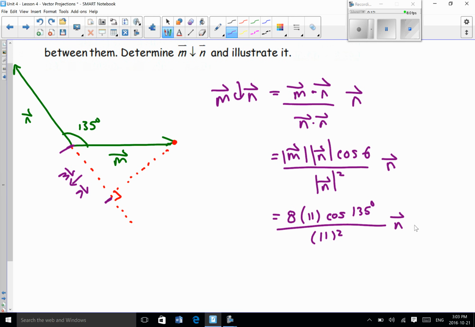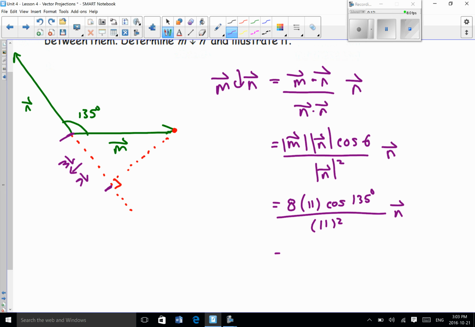Okay, we can put that all in our calculator all at one time. If we do it right, it should come out to negative 0.514. And again, we don't have a direction for n, so it has an n vector attached to it. Okay. So that's a simple application of how we can use these vector projections.